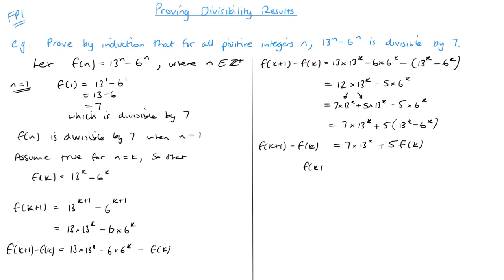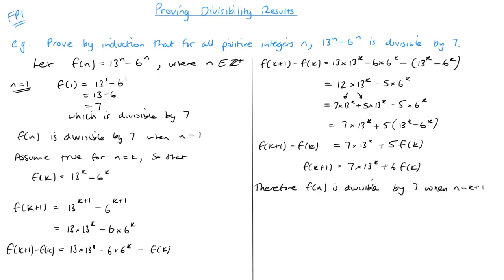So f of k plus 1 is 7 times 13 to the k plus 6 f of k. Now you can see that this is divisible by 7, isn't it? Because f of k is divisible by 7. So 6 lots of something divisible by 7 is still divisible by 7. And then this is divisible by 7 because it's 7 times something. So this whole thing is divisible by 7.